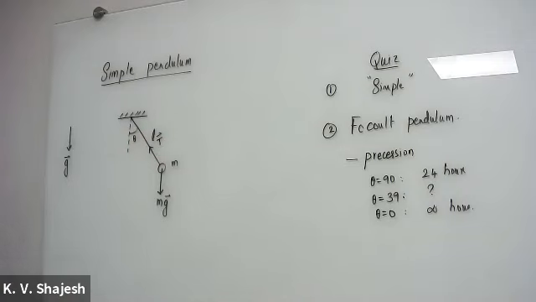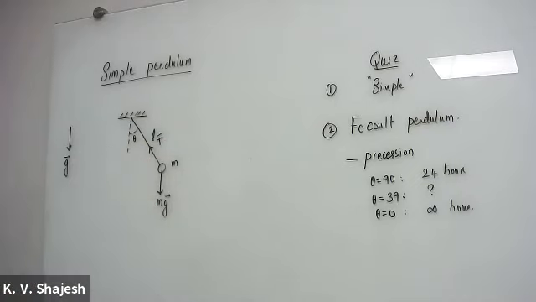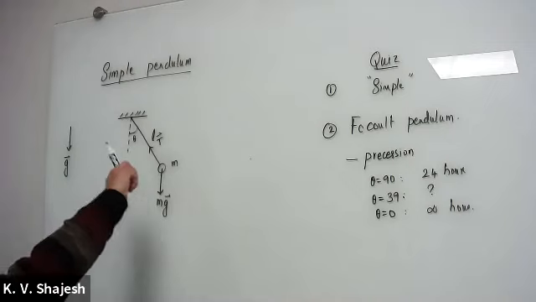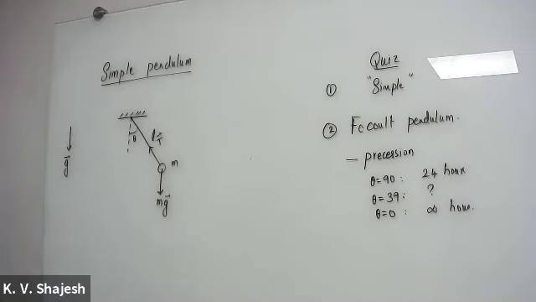And then you can ask the question, why is the force of tension along the rod? Can it be away from the rod? Why should it be towards the center of the point? Of course, we always do that, but if it was a rope, is it possible that if you connect the rope in a different manner, you can have the force of tension in a different direction? So remember, mass times acceleration is equal to mg plus T.